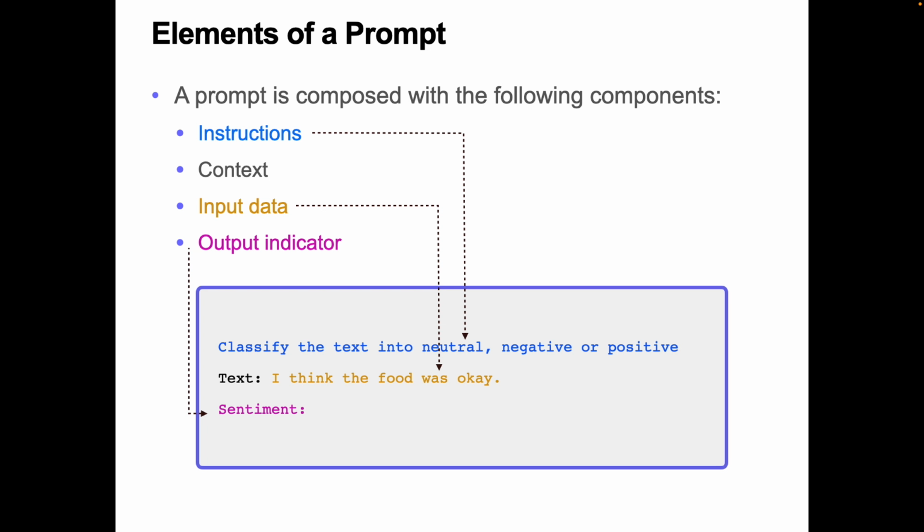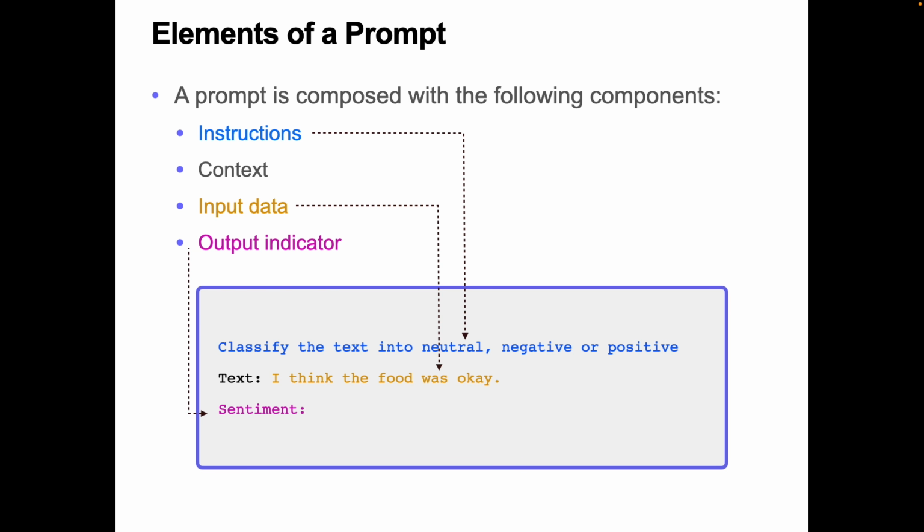The text, which is the input data, is "I think the food was okay", and that's what you're passing to the model to classify. The output indicator is used to tell the model that we are expecting some output or a response. In this case, we're not providing context, but as we go through the more advanced techniques, you will see where context really matters and starts to impact the performance of the prompt.